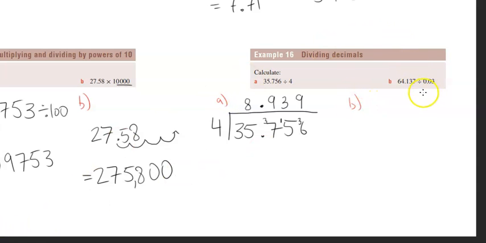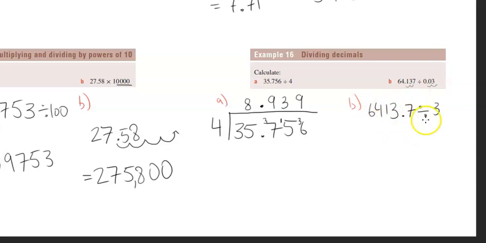And we have this situation where we've got 0.03 as a divisor. We don't want this. We want this to be a whole number. So we need to move this decimal point 2 times to the right to get a divisor to be a whole number of 3. But as a consequence, we've got to do that to dividend as well. So this will be 6413.7.